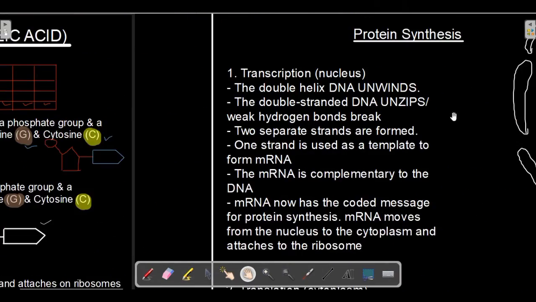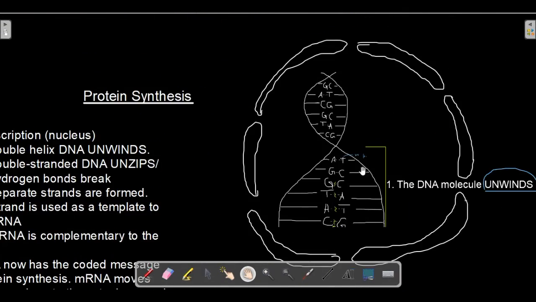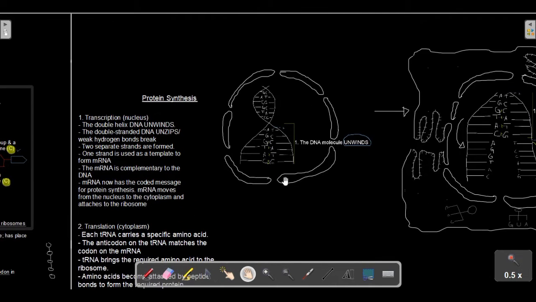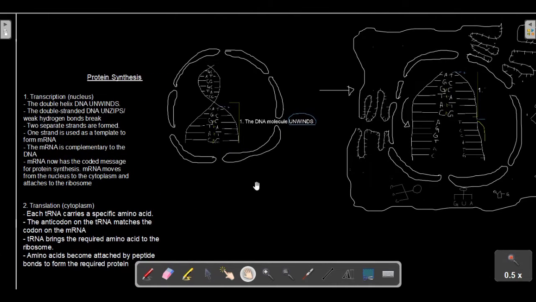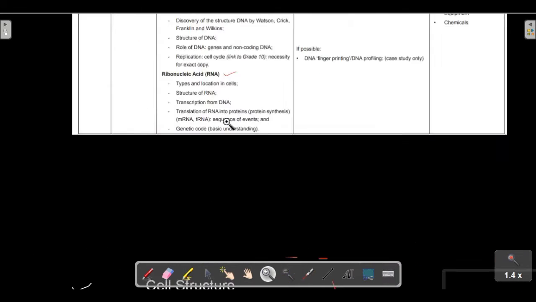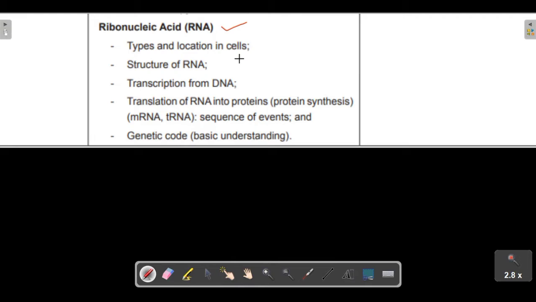Now, for protein synthesis, you need to be able to describe it, guys. You need to know the sequence of events. Very important. It's even mentioned here. We've already covered the types and location of RNA, and the structure of RNA.